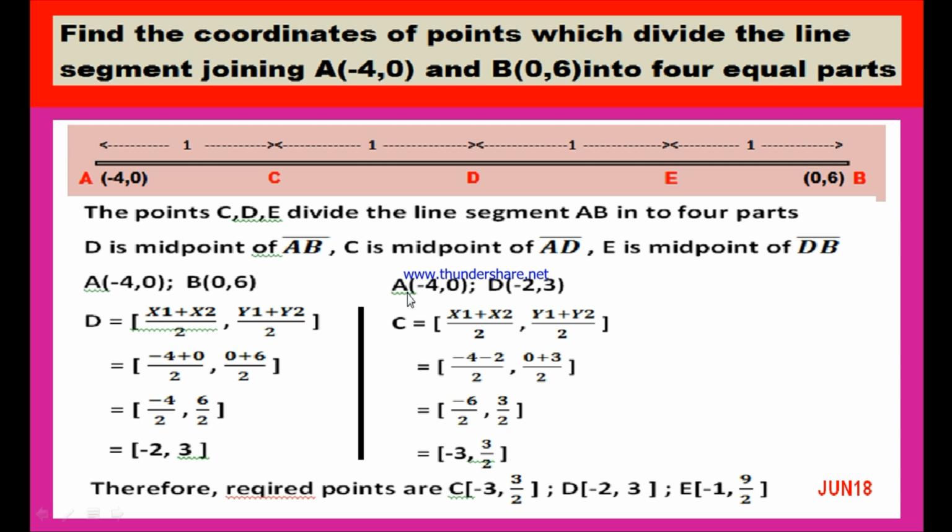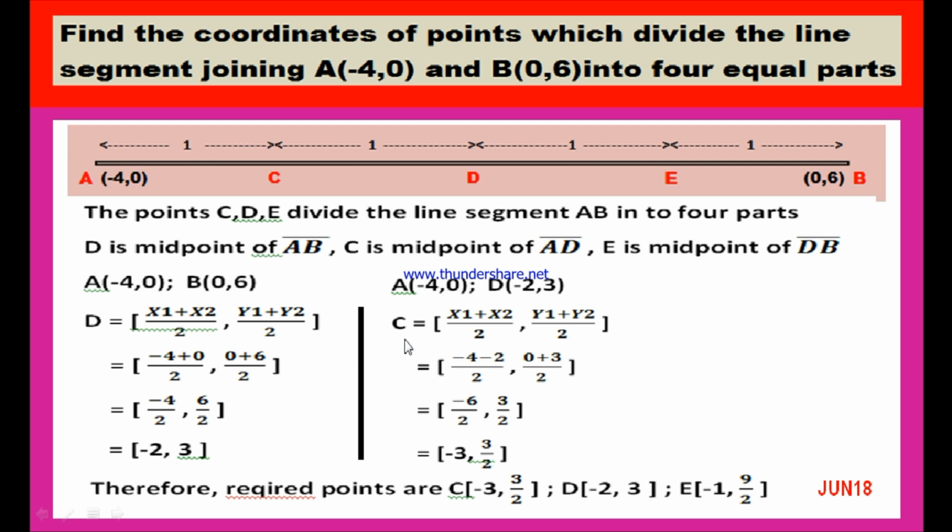Therefore you can take A as (x1, y1) and D as (x2, y2). The coordinates of C are (x1 plus x2) by 2, (y1 plus y2) by 2, that is, -4 minus 2 by 2, 0 plus 3 by 2. -4 minus 2 is -6 by 2, and 0 plus 3 is 3 by 2. Two into -6 is -3 times, and this is 3 by 2.